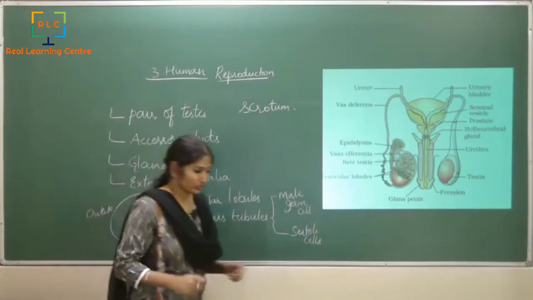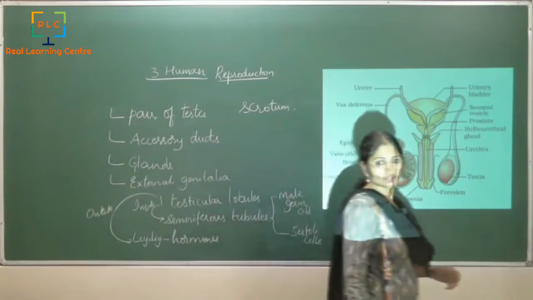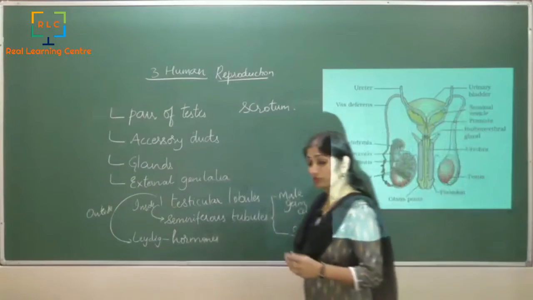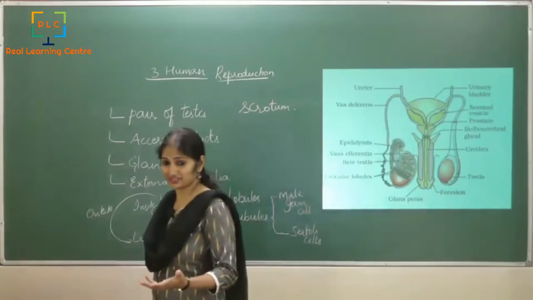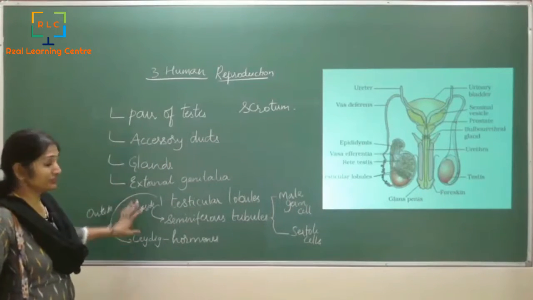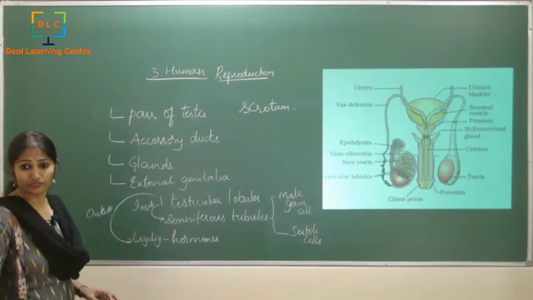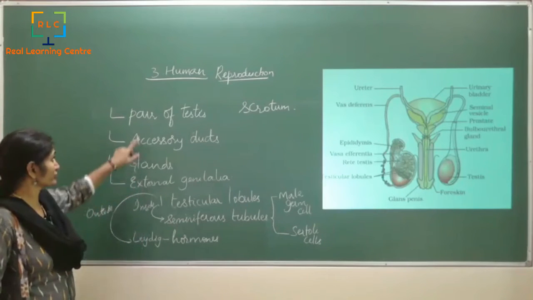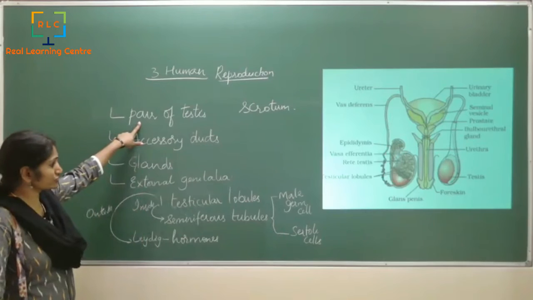Not only Leydig cells, you also see many other types of cells which protect the whole of the testis. We have these also present in the testis region, right? Just to give you a completion of this, we have the pair of testis.